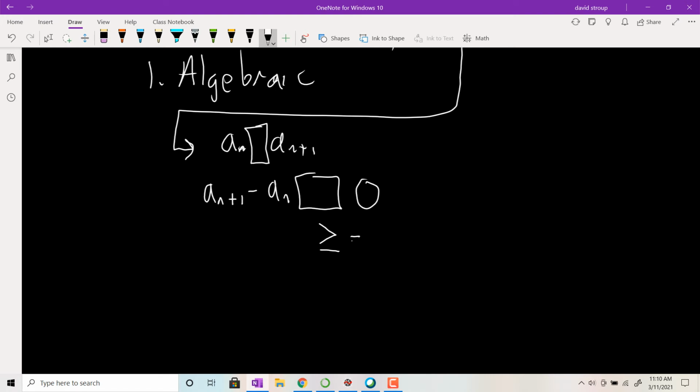So this means it's non-decreasing. If it's less than or equal to 0, that means the next consecutive term is less than the previous guy, and therefore it's non-increasing.